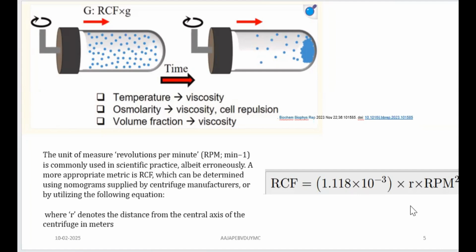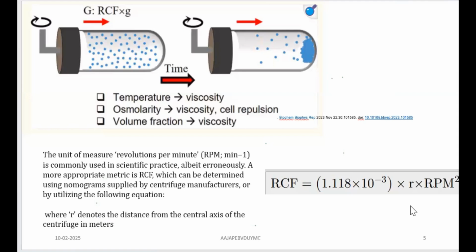Calculate the RCF value. How will you calculate? 1.119 into 10 raised to minus 3 into 12,000 whole square, right? And multiplied by R. In one case it is 4.8, in another case it is 8.4. So can you find out the RCF values? You just have to solve this.